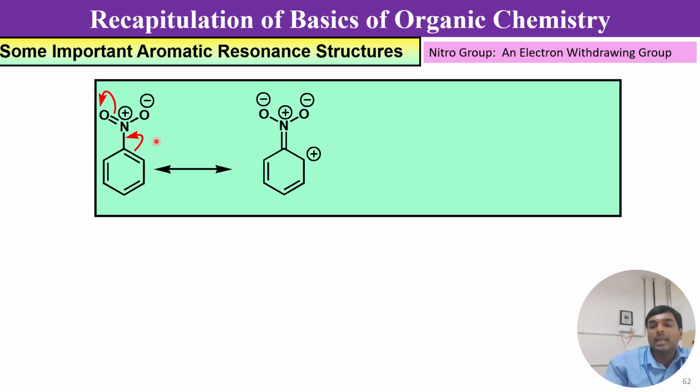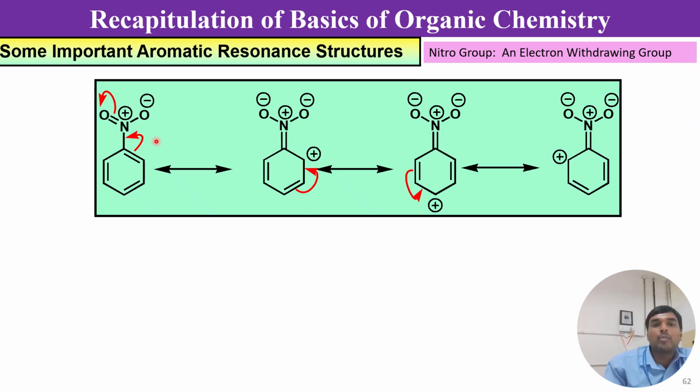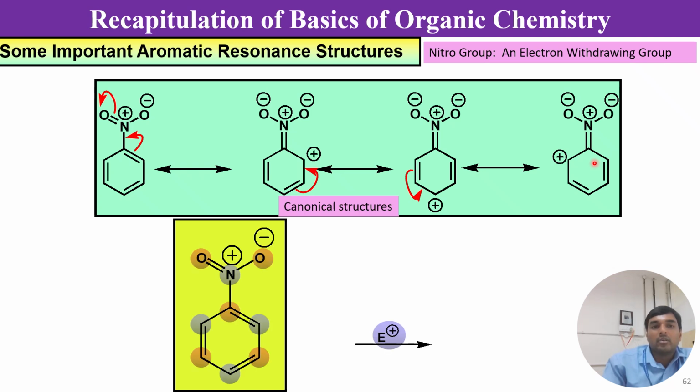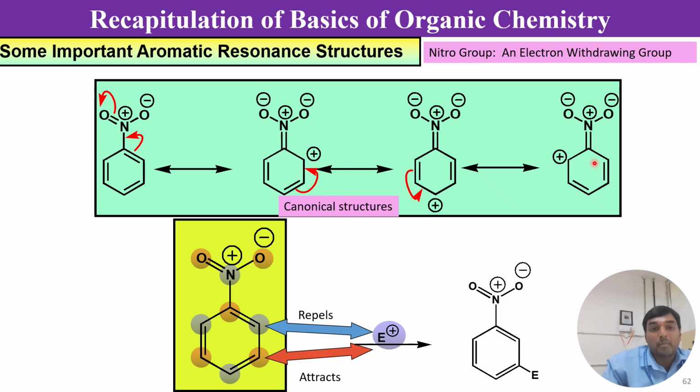It will withdraw electron density from the benzene, so that a positive charge is created at the ortho and para positions. So at the carbon ortho and para positions, if you want to go for electrophilic substitution reactions, it will not take place because it is already a positive charge, an electron deficient species. So electrophilic reaction is not possible in the case of a NO2 group attached to benzene because it deactivates the benzene.